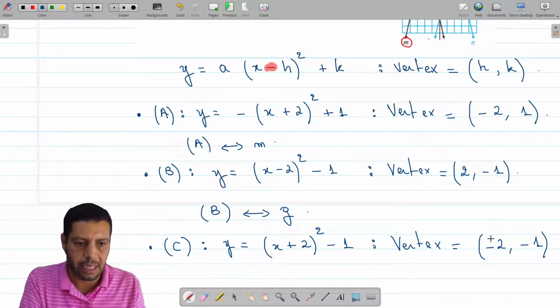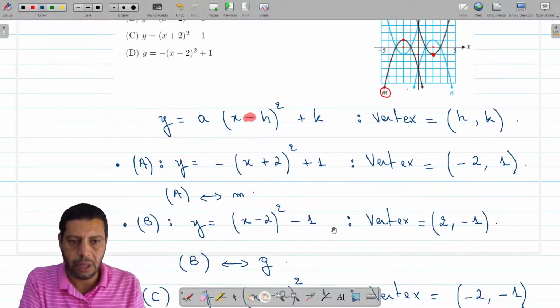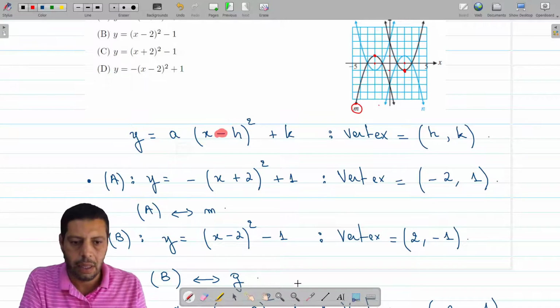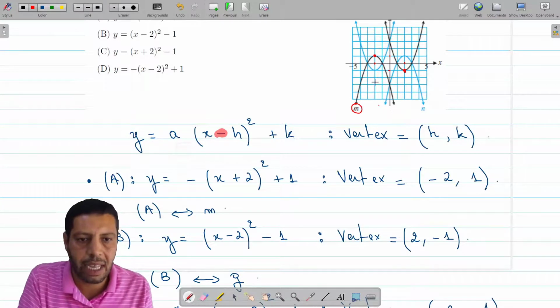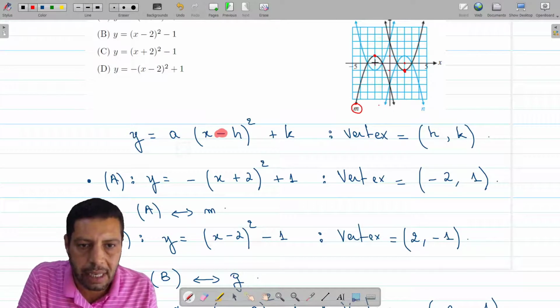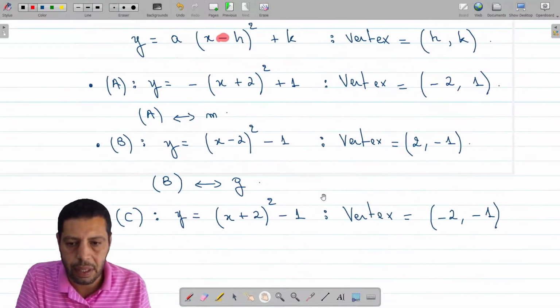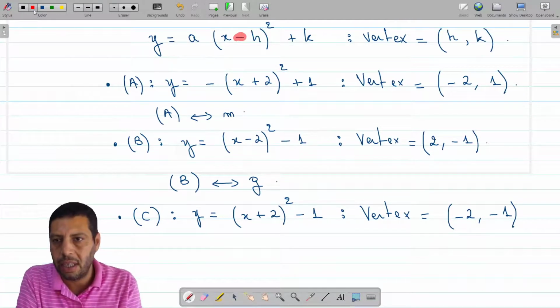Because we have plus 2, it's negative 2 for x, for h, sorry, and negative 1 for k. So we place this point on our coordinate system: negative 2 for x, negative 1 for y. It corresponds to this vertex point, which corresponds to the graph F. So to C, we associate F.